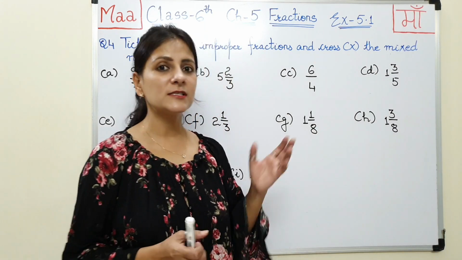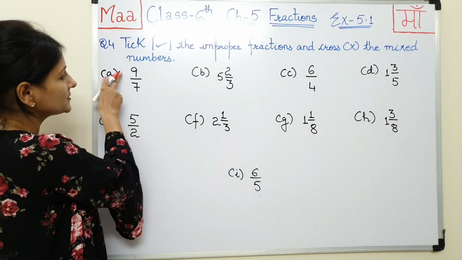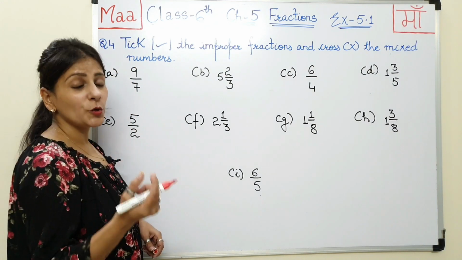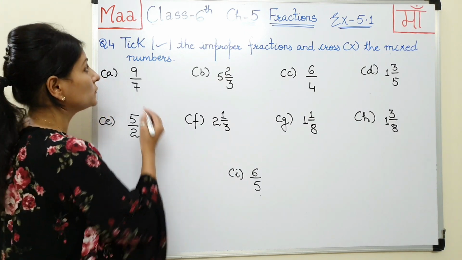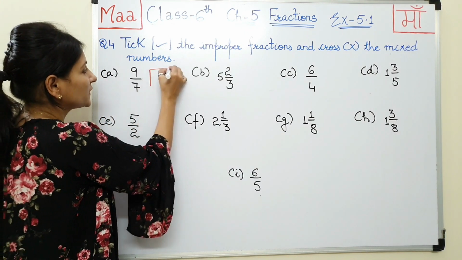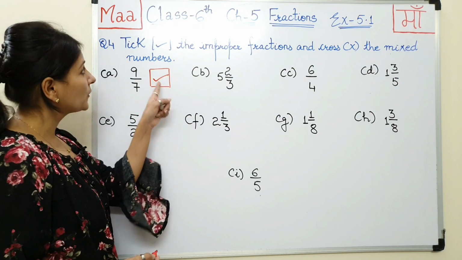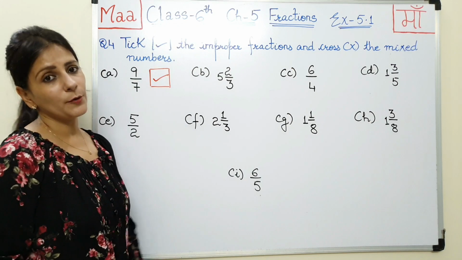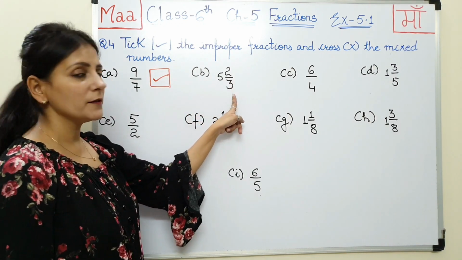So one by one we will see all the parts. So let us start with A part. It is 9/7. So it is an improper fraction. It is not a mixed fraction. So ये improper fraction है. So इसके सामने एक box create करके मैं यहाँ पर right mark कर रही हूँ because it is written to tick the improper fraction. B part 5:2/3.